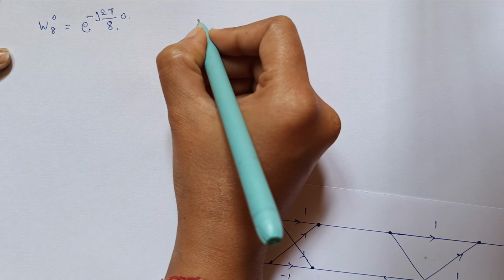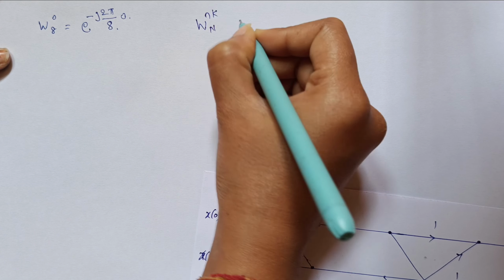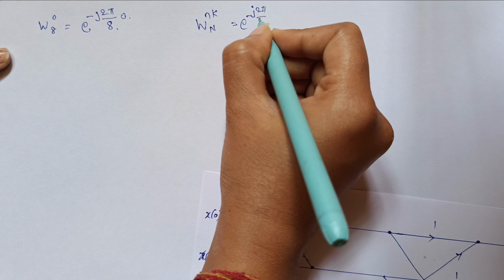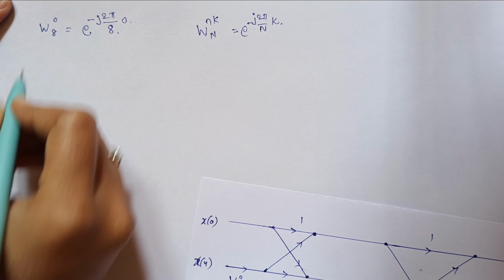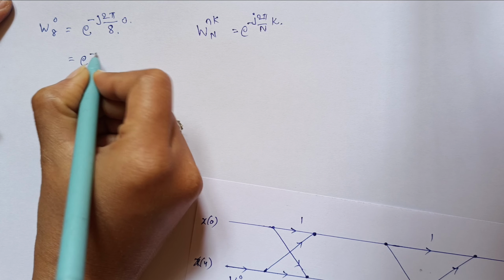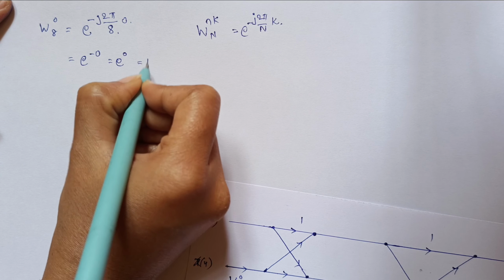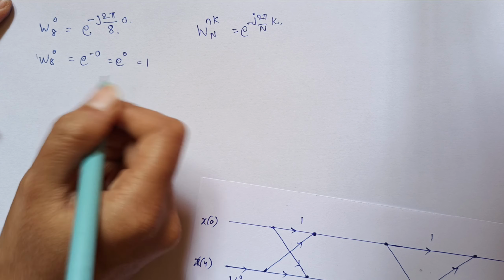So basically the formula is W_N^k equals e to the power of minus j 2 pi by N times k. So here we will get e to the power of minus 0. Minus 0 doesn't exist, so e to the power of 0. So the final value will be 1. W8 of 0 is equal to 1.